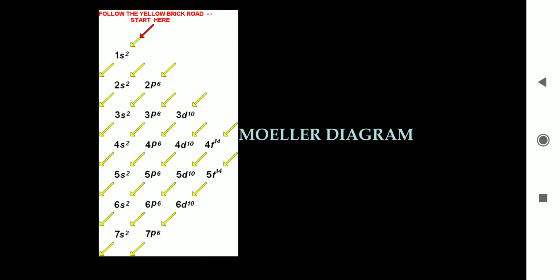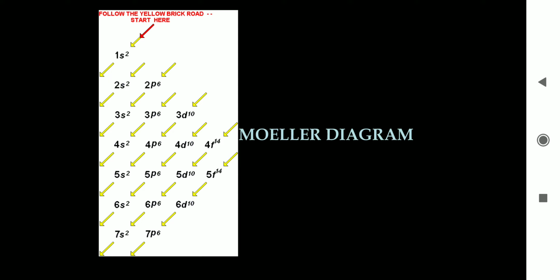The energy of an orbital depends on the n and l values. As the n plus l value increases, the energy of the orbital also increases. If the n plus l value is the same, the orbital with the lower n value is lowest in energy. Example: the n plus l value is the same for 3d and 4p orbitals. The energy of the 3d orbital is lower since its n value is lower.